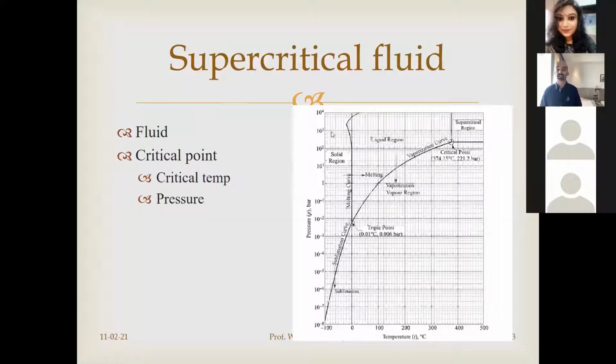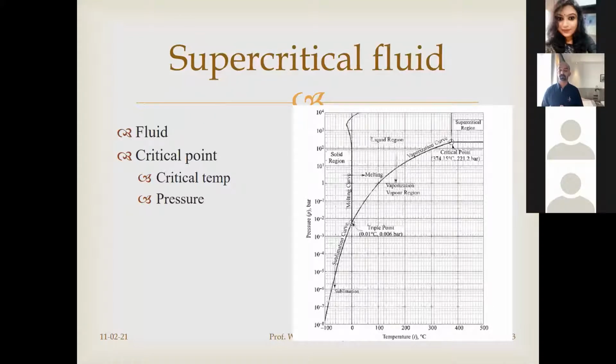Now coming to the second important term, especially in terms of our supercritical fluid. What do you mean by the critical point? Critical point is again, also I think students might be knowing, for those who do not know, critical point एक ऐसा point है.